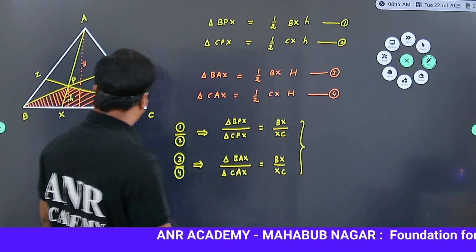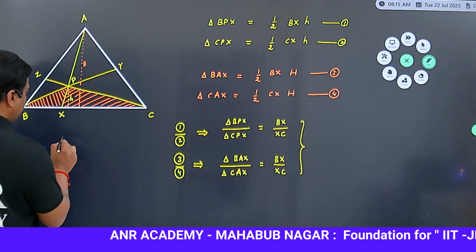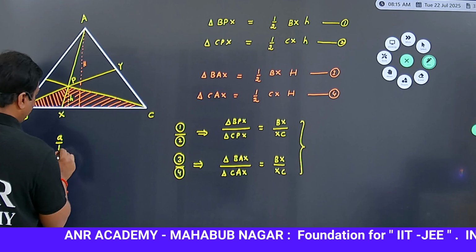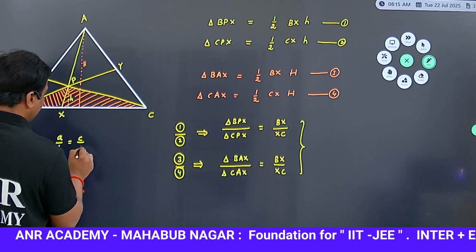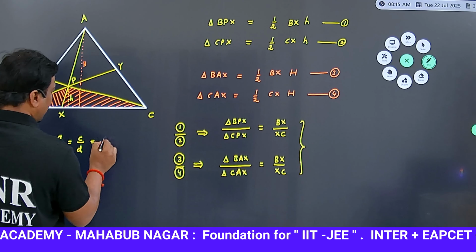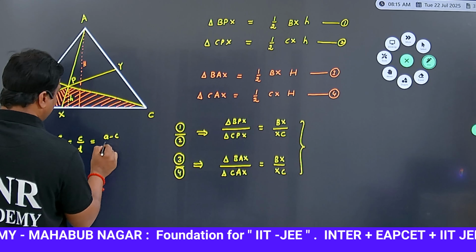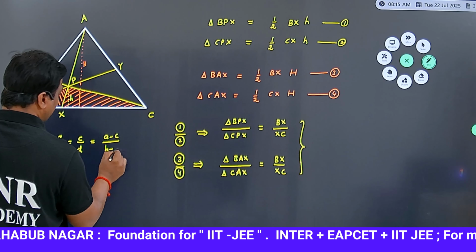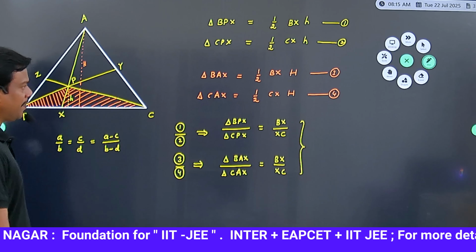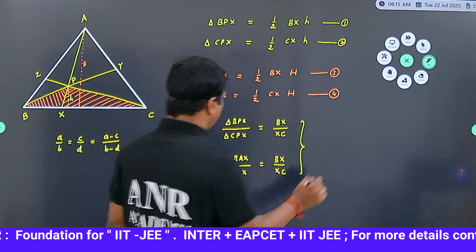We know that by ratio proportion, suppose that if A by B equal to C by D, then you can also write it is equal to A minus C by B minus D. Here these two are equal.